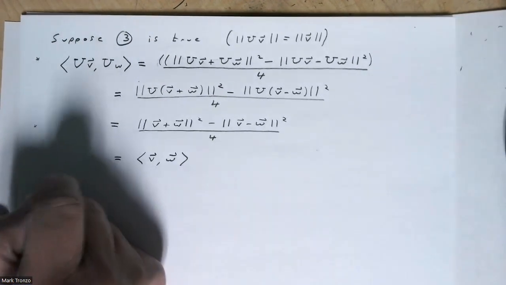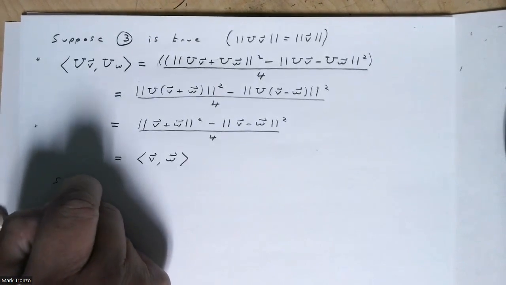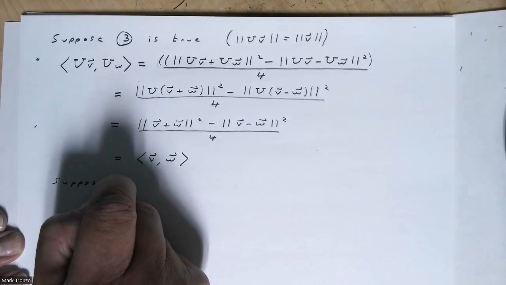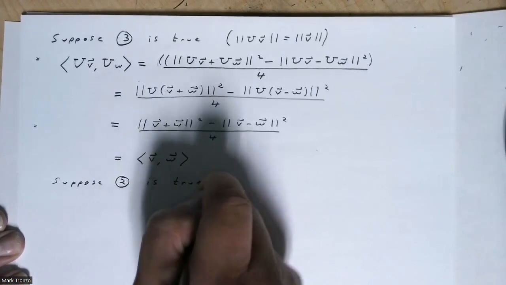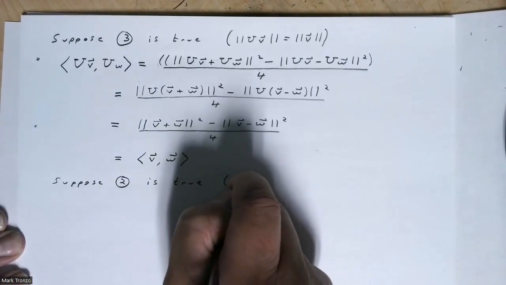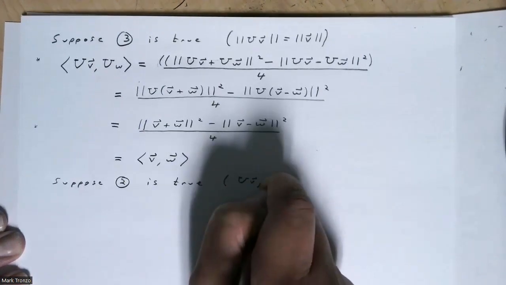Now we want to start with 2 and see if we can get 1. So suppose 2 is true. That is that we preserve inner products.